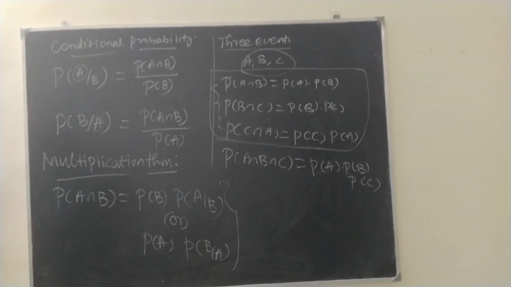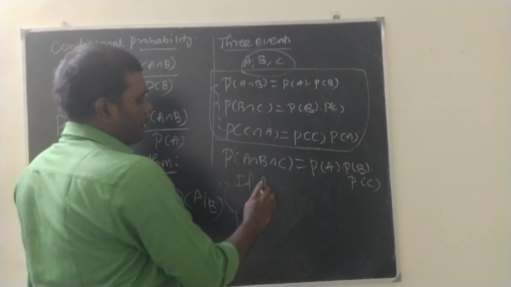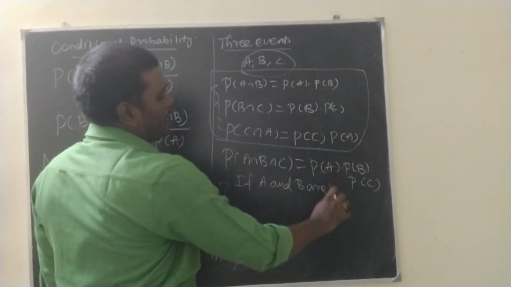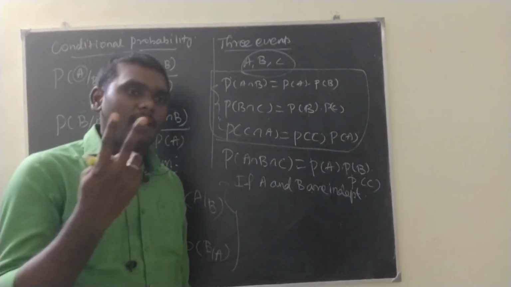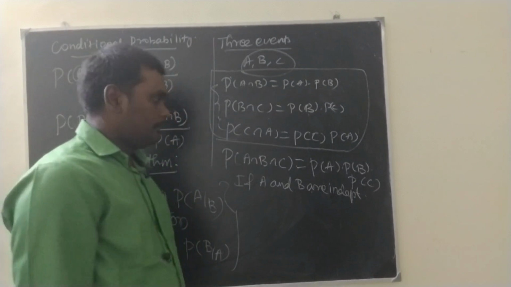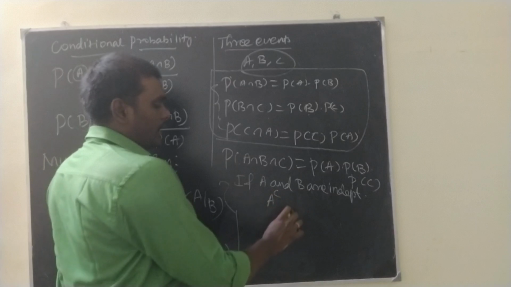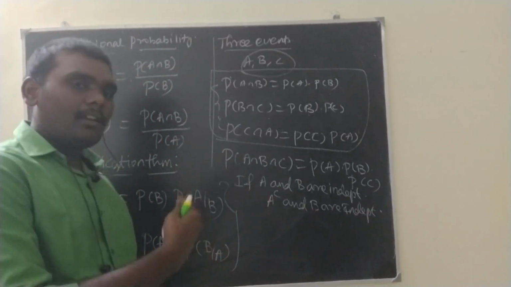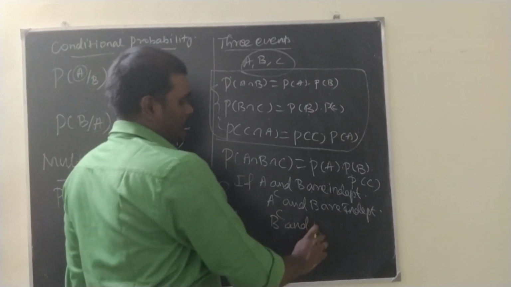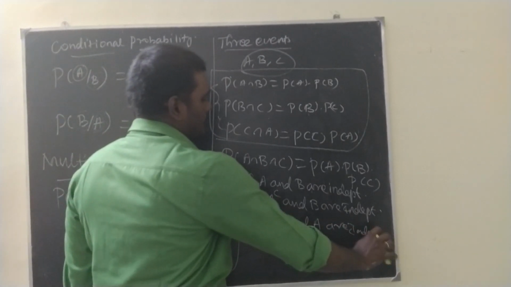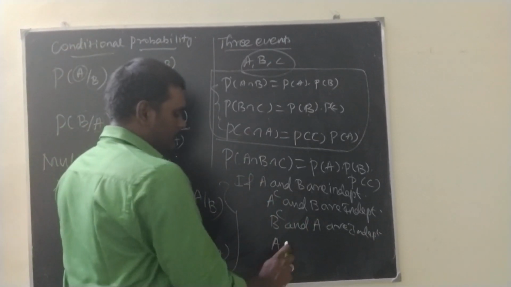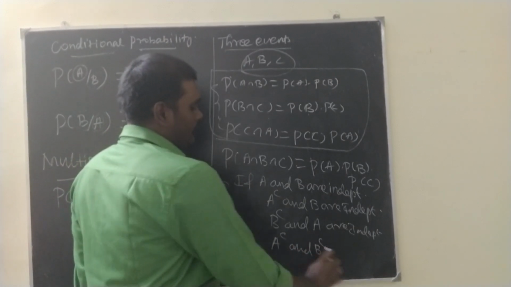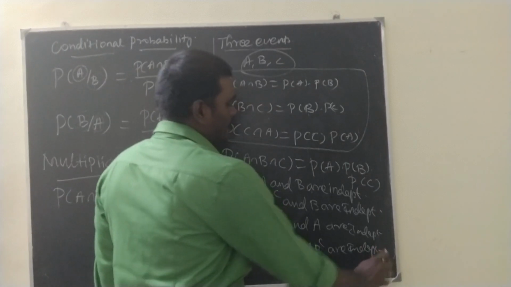Also, if two events A and B are independent, then we can say A complement and B are independent, and vice versa, B complement and A are independent, or else A complement and B complement are independent.